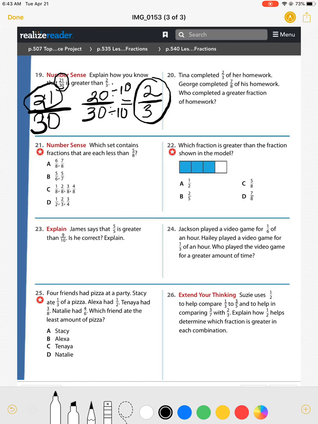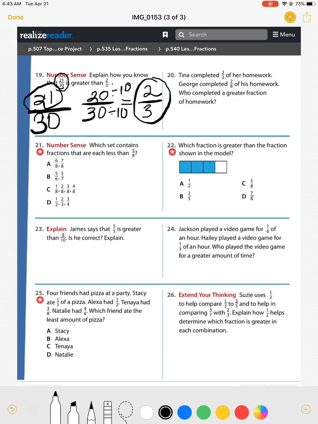Is 21 greater than 20? Yes. So if 21 is greater than 20, this is going to be greater than 2/3. All right. Let's go to number 24.